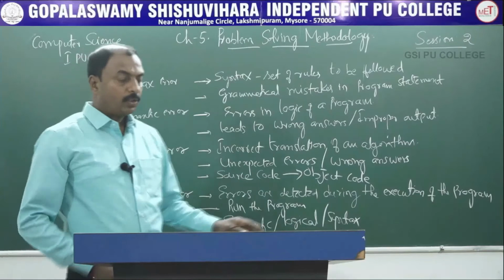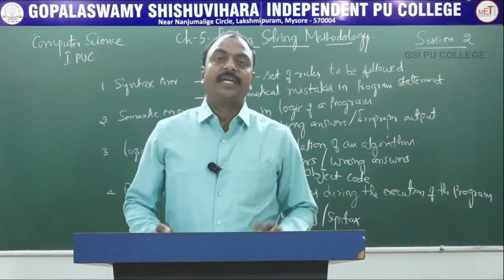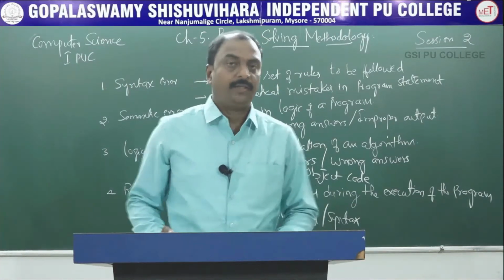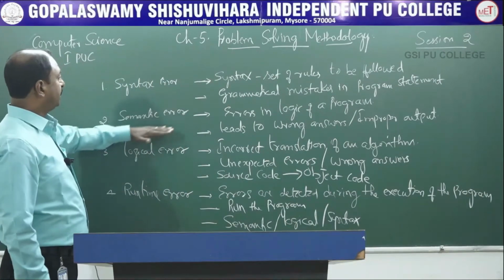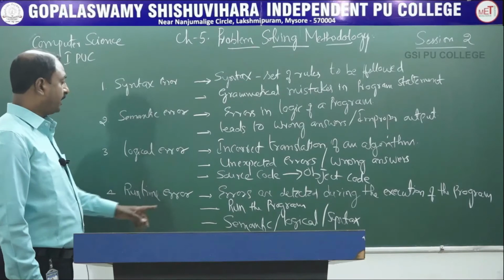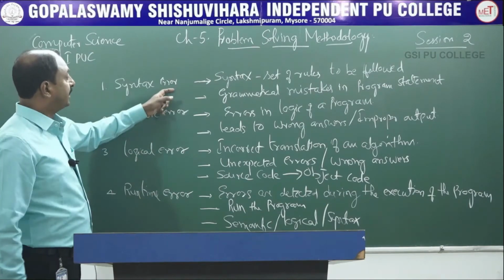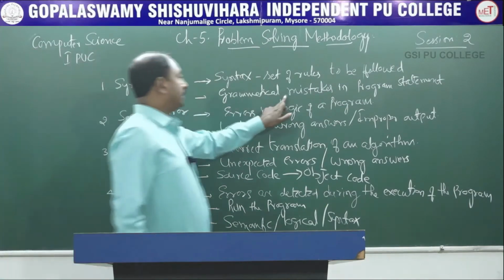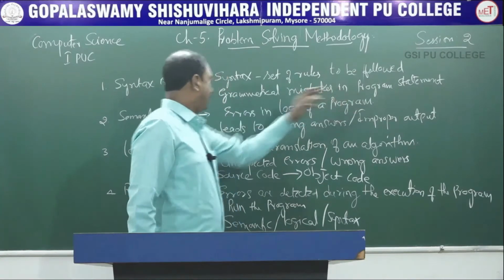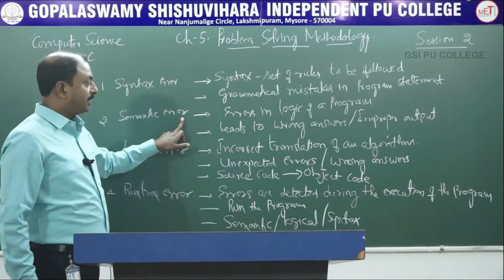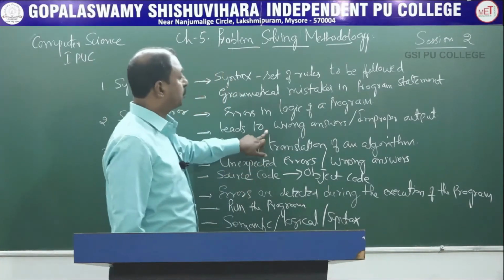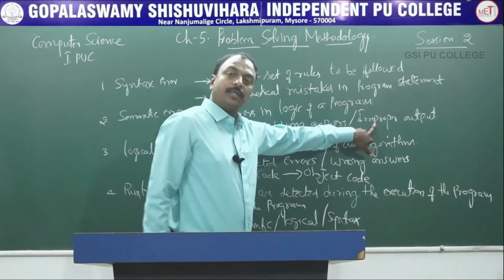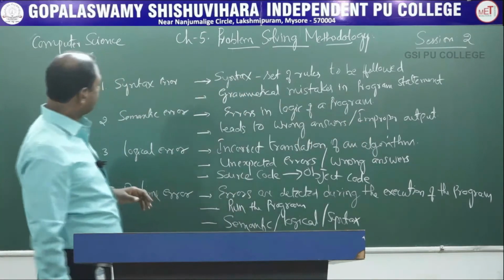Students, so these are the types of error in programming. There are 4 types of errors: syntax error, semantic error, logical error and runtime error. Syntax error is nothing but grammatical mistakes in a program statement, and semantic error is nothing but errors in the logic of the program which lead to wrong answers or improper output.